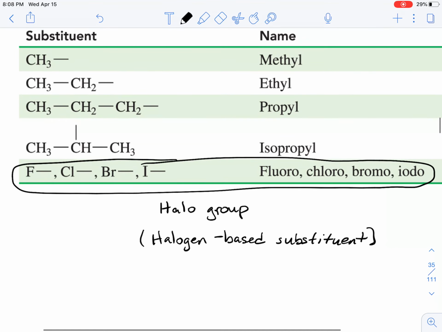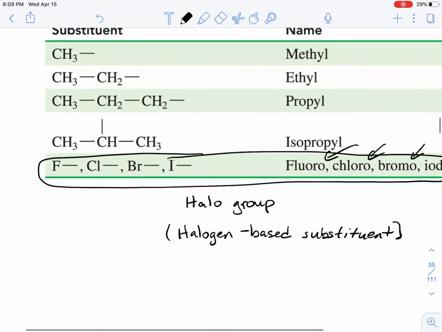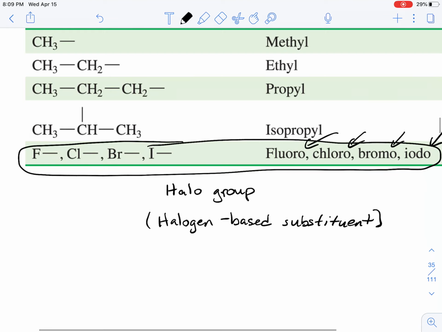It's just fluorine, chlorine, bromine, and iodine. However, you're going to use fluoro, chloro, bromo, iodo. So don't say fluorine, chlorine, bromine, or iodine. It's going to be fluoro, chloro, bromo, or iodo.